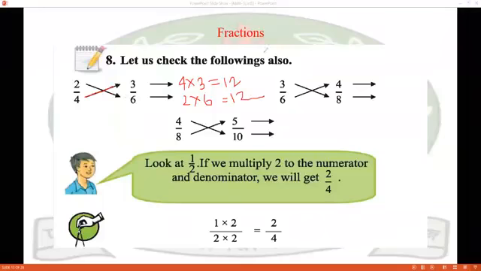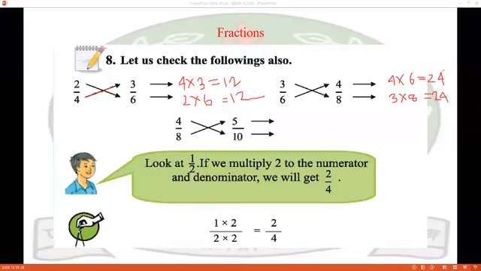So these two fractions are equivalent fractions, because the multiplications are the same. When we multiply for the next two fractions, 6 into 4, we get 24. Then we multiply 3 into 8, we get 24.